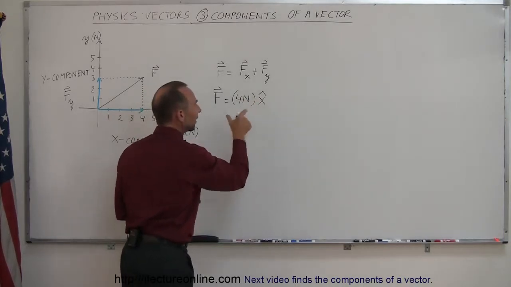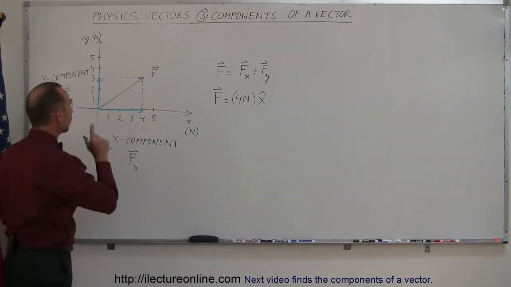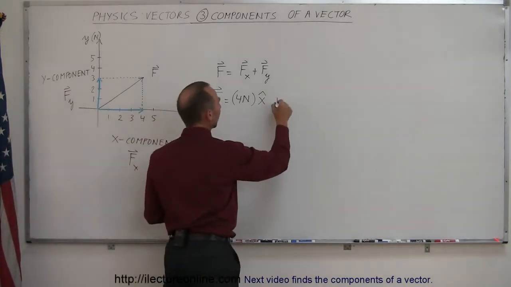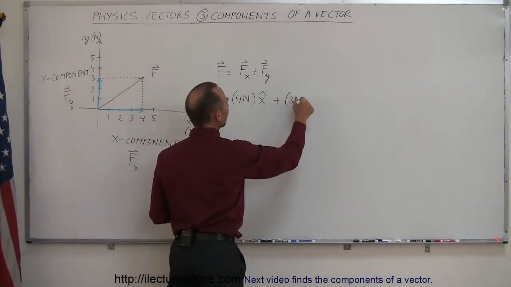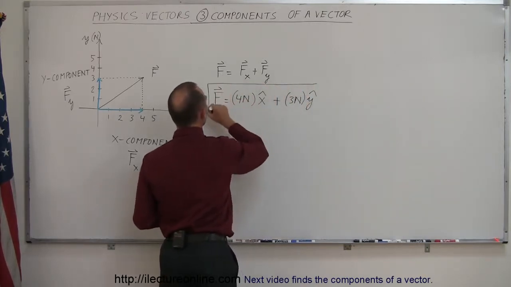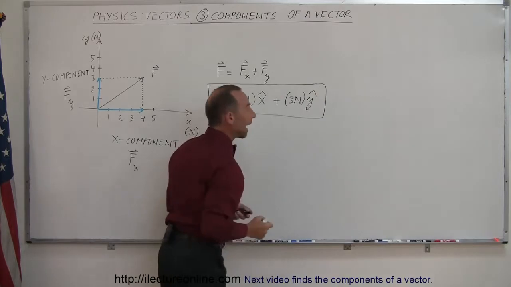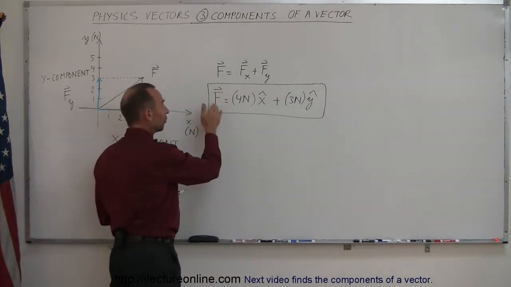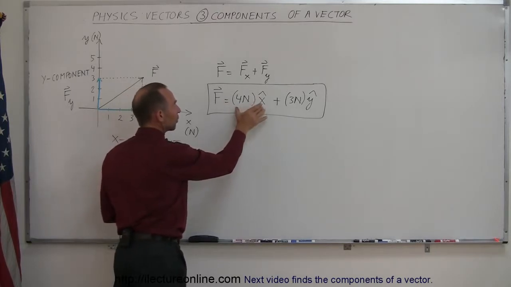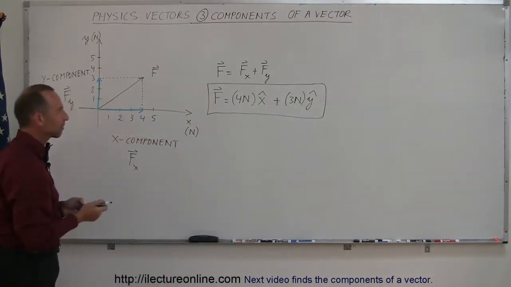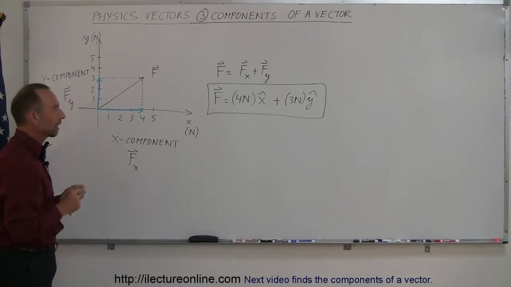And the y component is 3 units in the y direction, so I can put plus 3 newtons in the y direction. This is the proper notation of how to write a vector as the sum of its components. So here I wrote the force vector F as the sum of the x component and the y component of the vector.